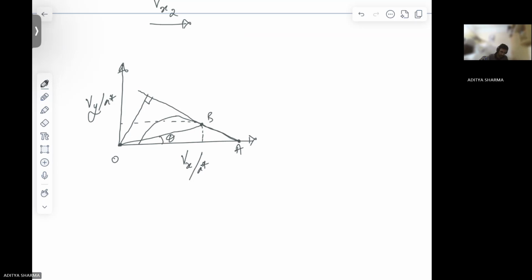Now this OH line, the angle that this OH line makes with the x-axis gives your shock wave angle, right?